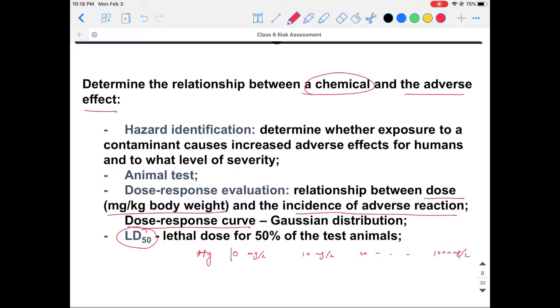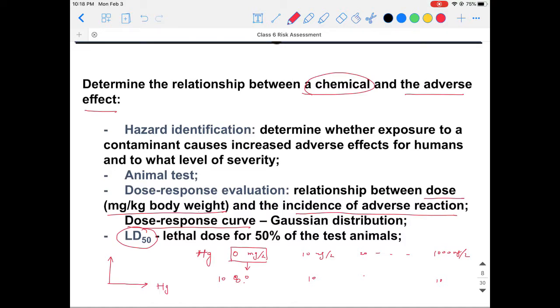Then we conduct experiments on animals to determine the risk of the mercury by feeding these solutions to different groups of animals. Let's say we use rats as the test animal, with 10 rats for each group, up to 1,000. Then we generate a curve.